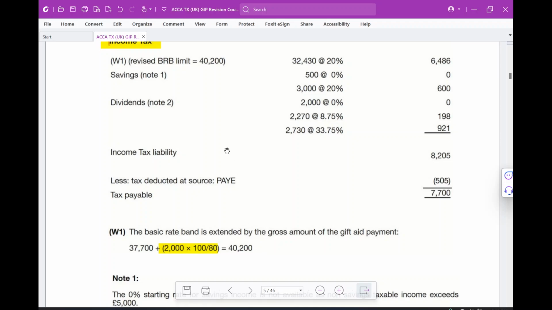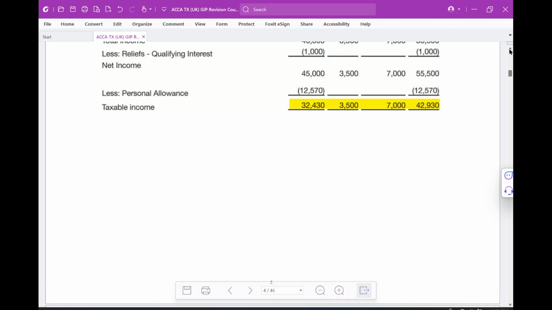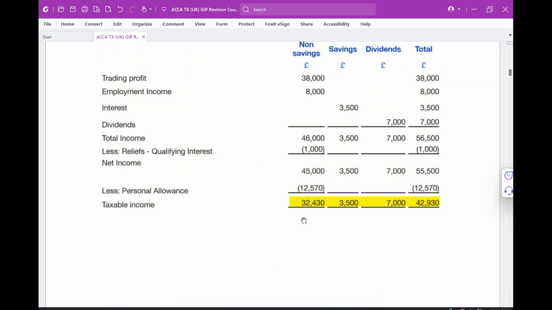So in terms of looking at this section here, it says revised BRB limit 40,200 as shown. In other words, this is the total amount across the board in all forms of income that is relevant to the basic rate percentage. Okay? Now let's deal with the first line. We'll recall from the top of the computation that under the non-savings column, the total taxable non-savings income was 32,430.